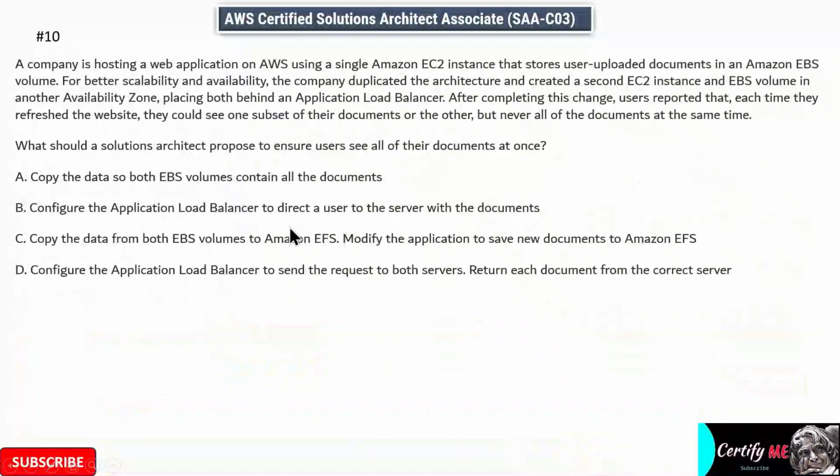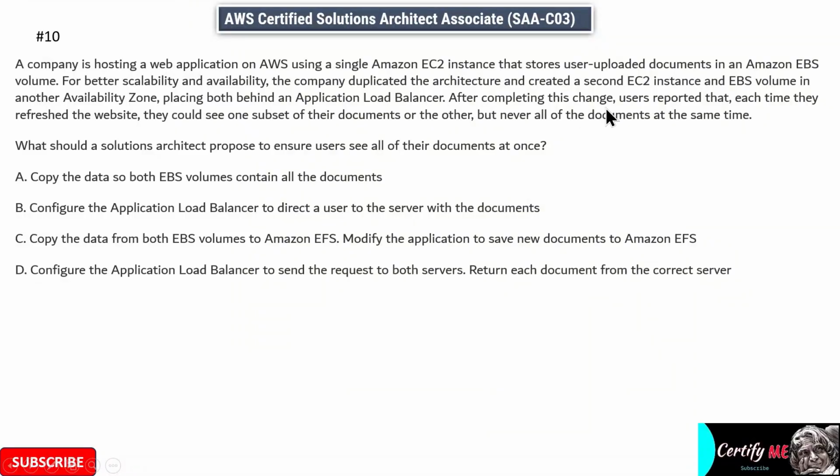Next question. A company is hosting a web application on AWS using a single Amazon EC2 instance that stores user uploaded documents in an Amazon EBS volume. For better scalability and availability, the company duplicated the architecture and created a second EC2 instance and EBS volume in another Availability Zone, placing both behind an Application Load Balancer.